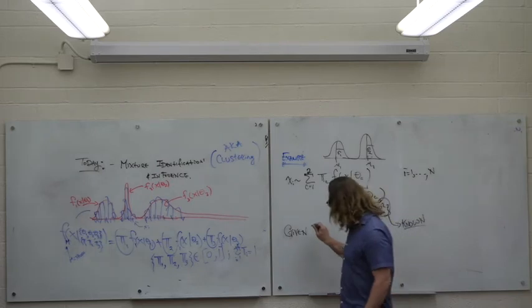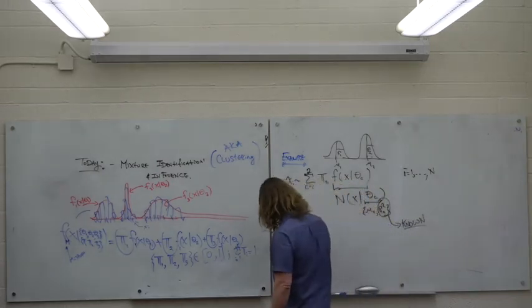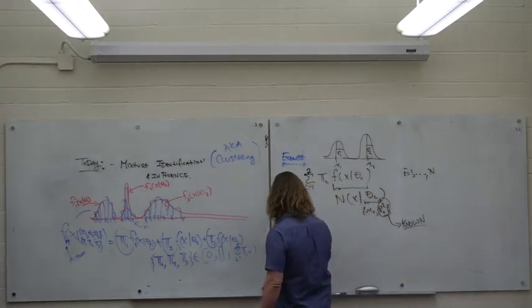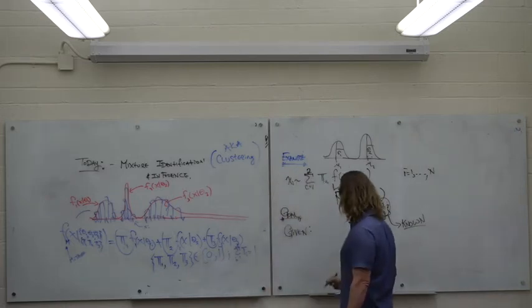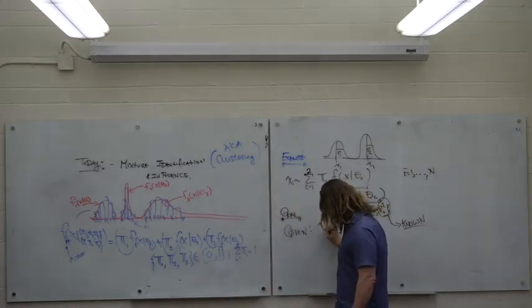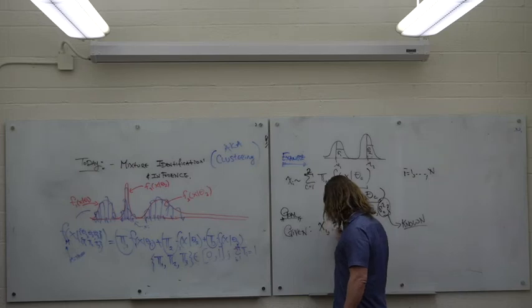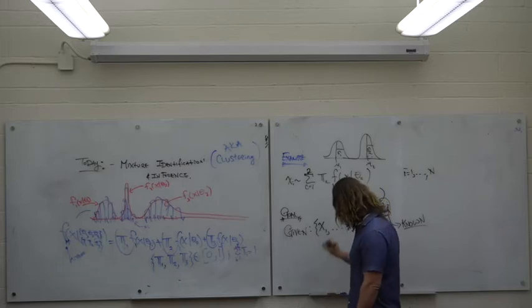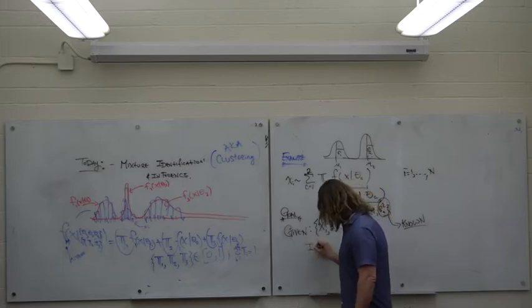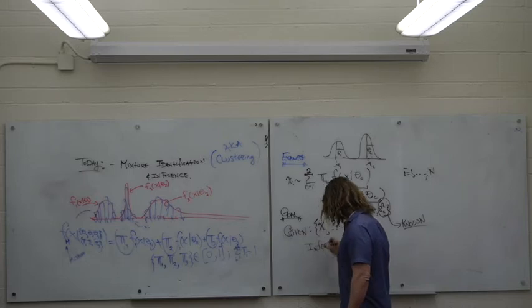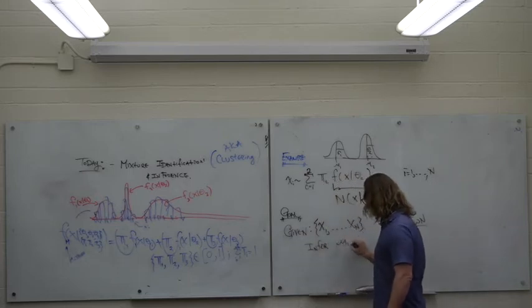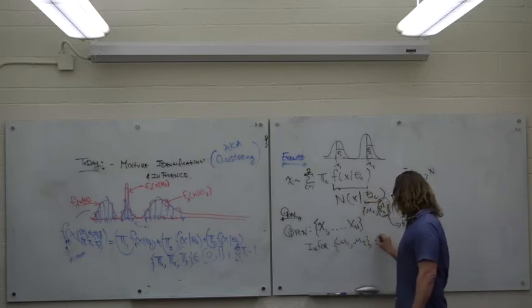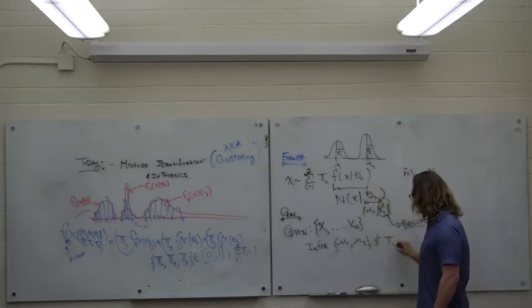So our goal is going to be, given x1 to xn, infer mu1, mu2, and pi1 and pi2.